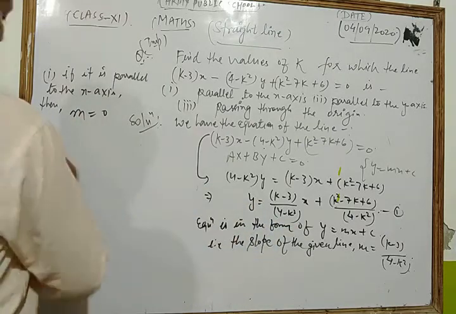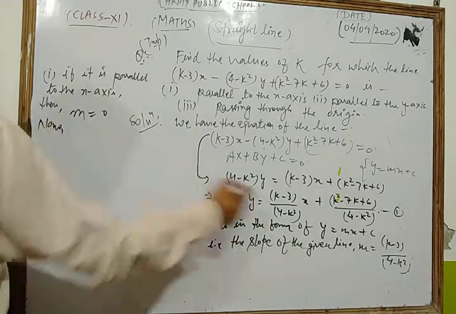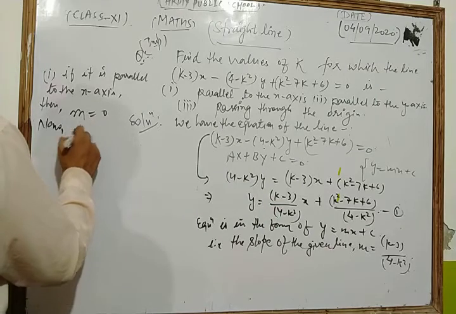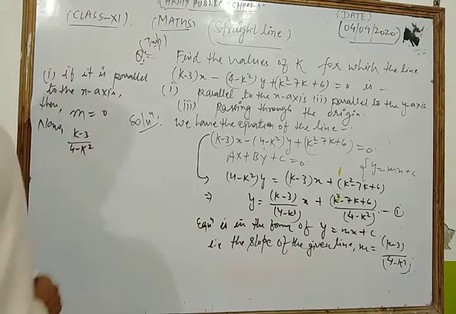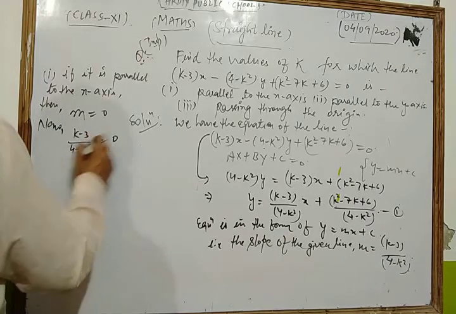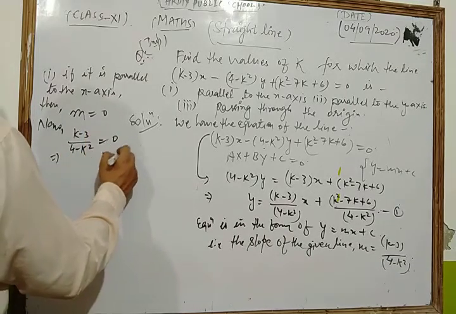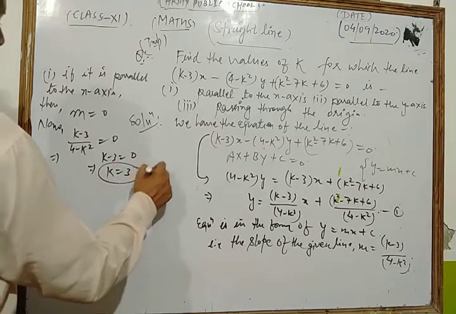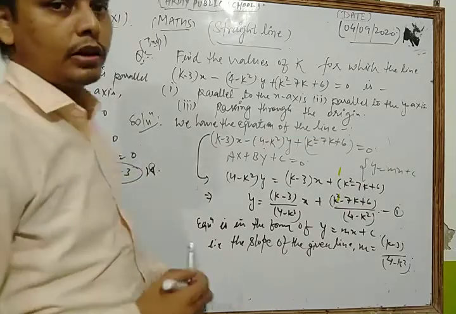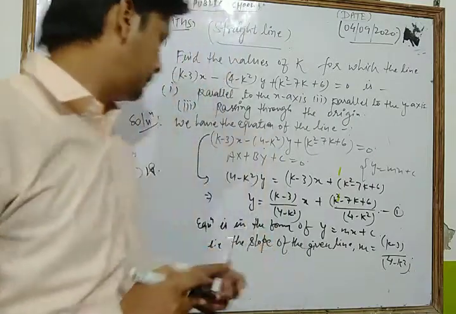So here we put (k minus 3) upon (4 minus k square) is equal to 0. So we have k minus 3 is equal to 0, that is, the value of k is equal to 3 in the first condition. In the first condition, dear student, we find the value of k is 3.